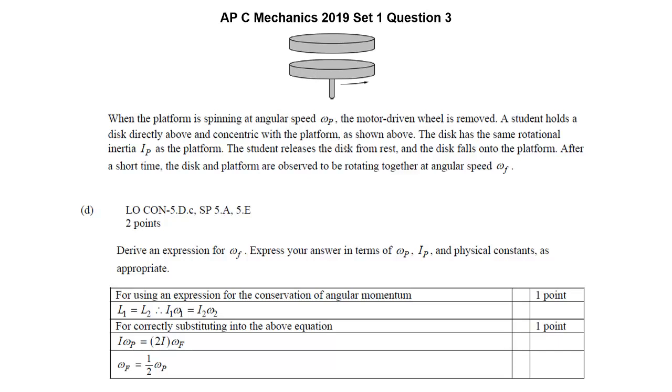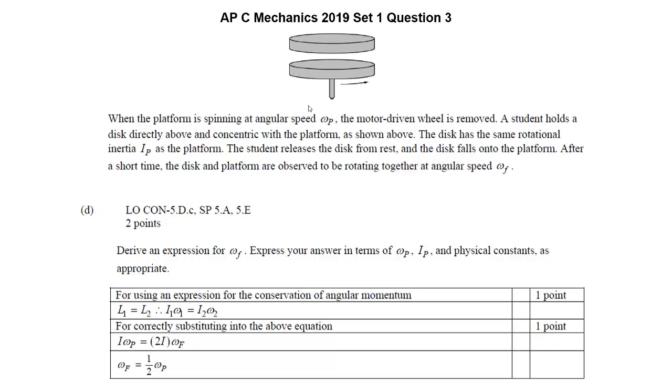So hopefully you're looking at this and saying, okay, with two discs now spinning instead of just one disc, the rotational inertia has increased. In fact, it's doubled. And therefore, the angular velocity would have to decrease.